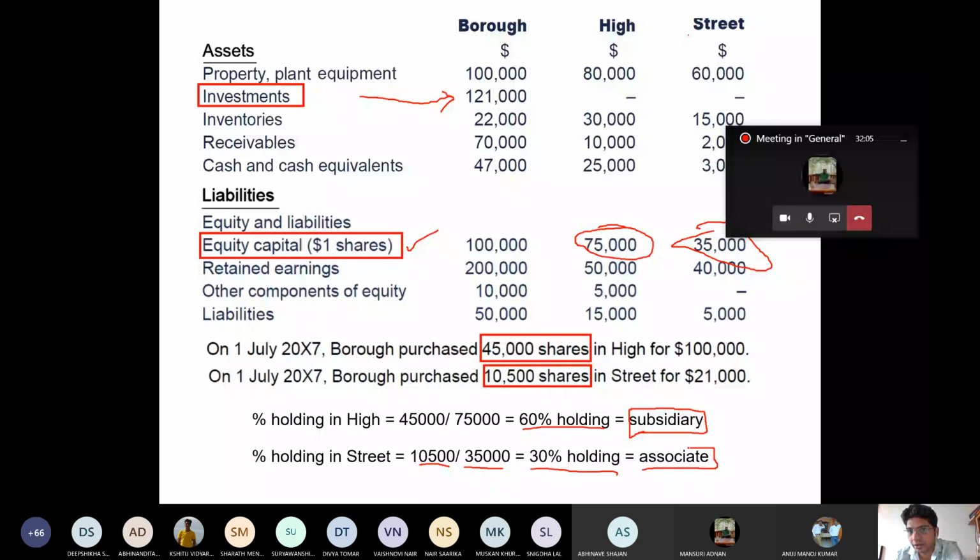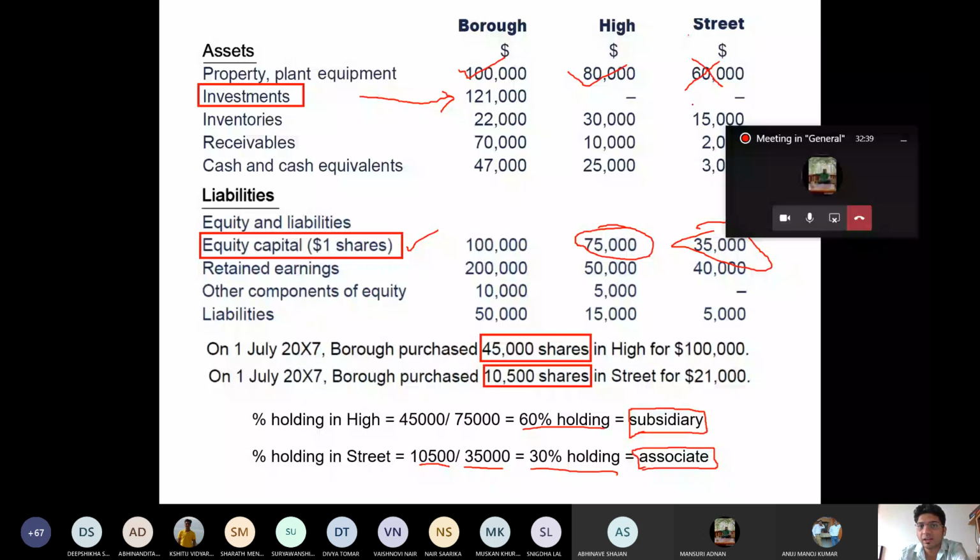Now guys, pay attention. When I make a consolidated balance sheet, I'll show this amount and this amount, but I will not show this amount. When I prepare consolidation of property, plant and equipment, what we have learned is that the parent and subsidiary will appear completely in the balance sheet, but the Street company, the associate, will not appear.